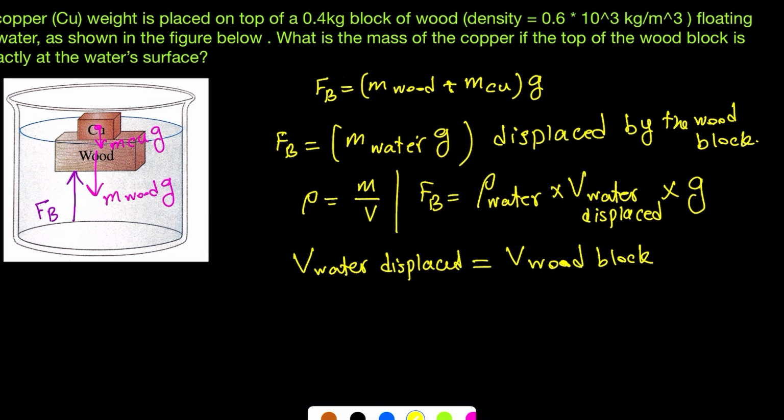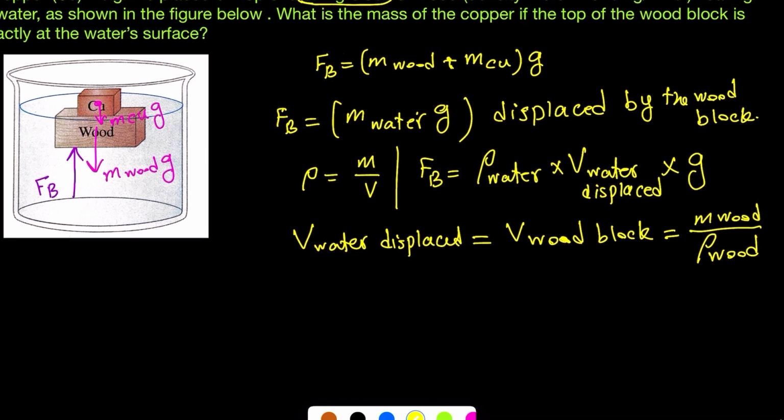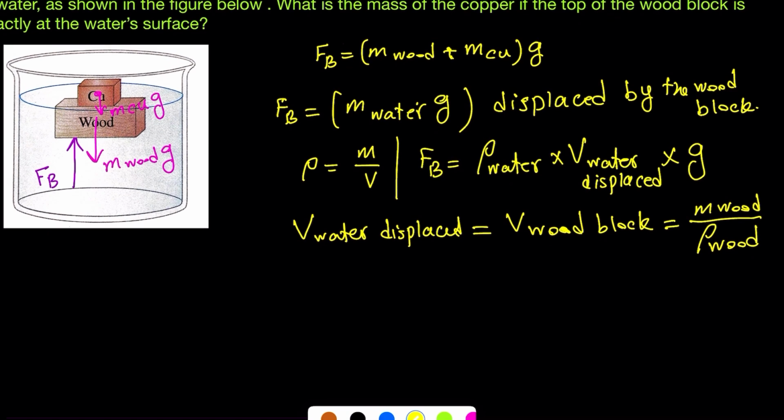Instead, the density and mass of the wood block are given. So instead of the volume of the wood block, I can write the mass of wood divided by the density of wood.